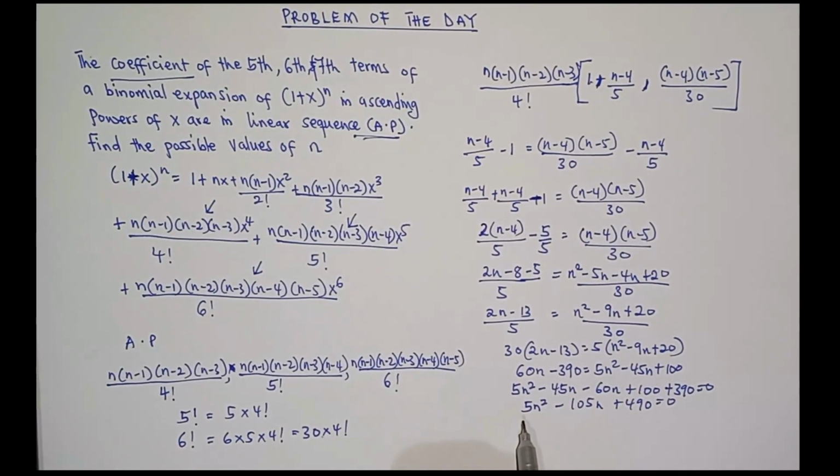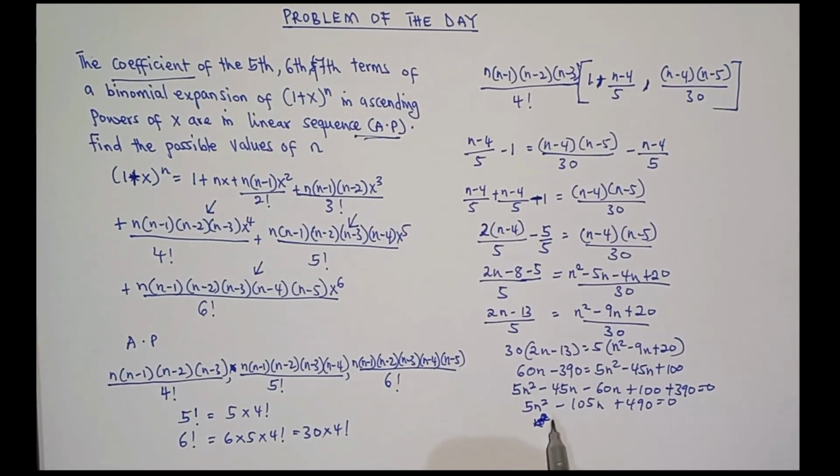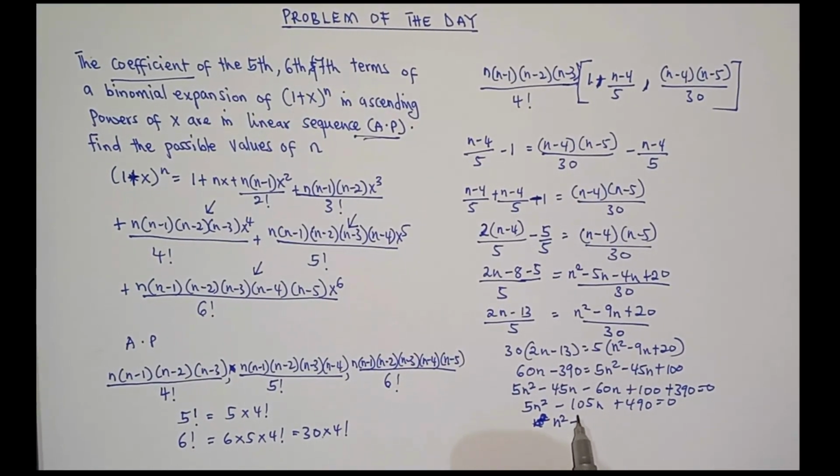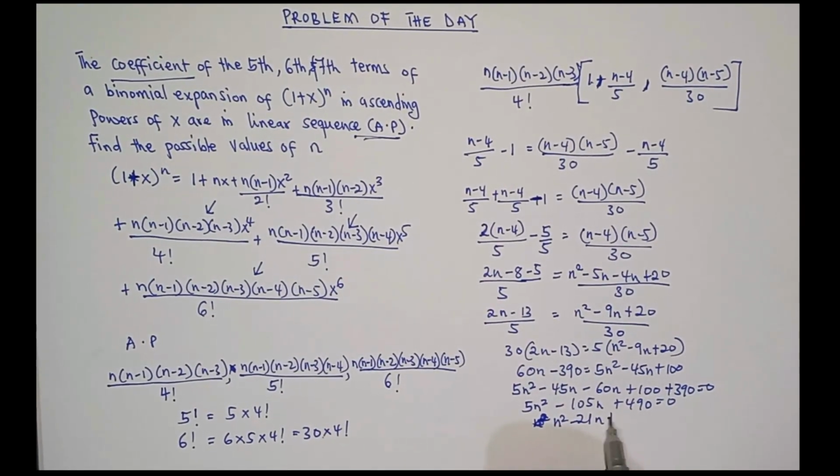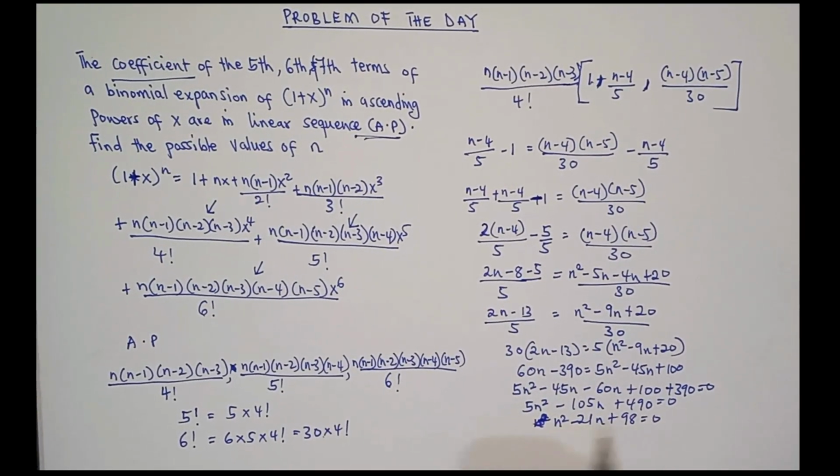Let's divide through by 5: n² − 21n + 98 = 0.